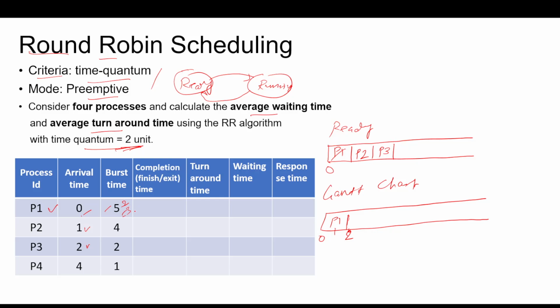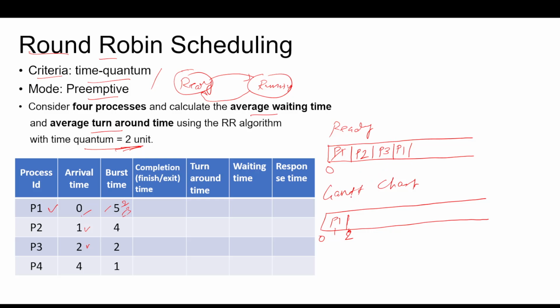Still 3 units are remaining for the P1 process. In that case, the P1 process will be added again into the ready queue. That is the criteria for the round robin algorithm. After a new process arrives, we have to check whether the current process has some remaining time, and that process we need to add into the ready queue.